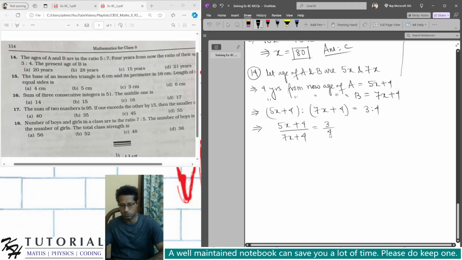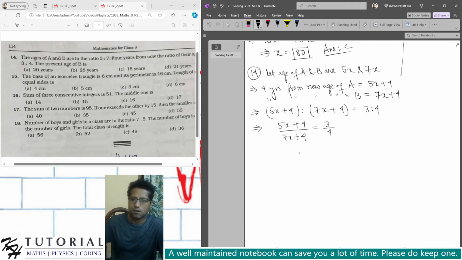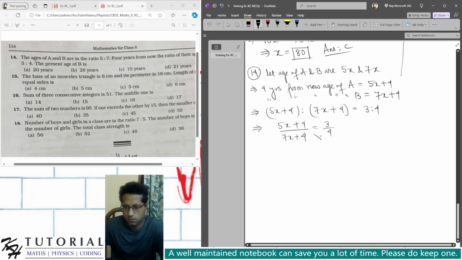We have this equation and we have to solve for x. By cross multiplication, 4 multiplied by (5x plus 4) is equal to 3 multiplied by (7x plus 4).